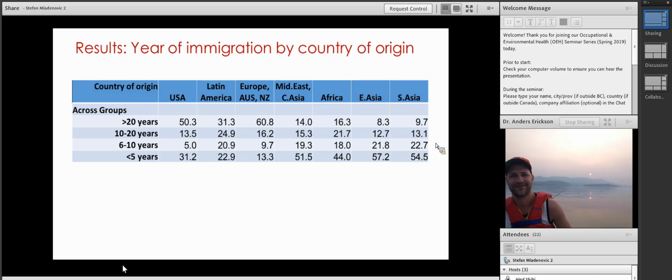So again, what this shows is that previously, 20 years ago, the majority of immigrants were coming from the U.S. and from Europe, and how that has changed over time. And then with more recent immigrants, we're seeing more from Africa, the Middle East, Central Asia, East Asia and South Asia.